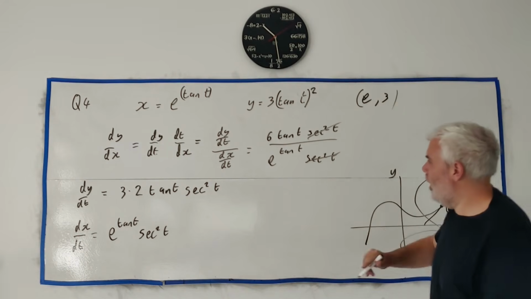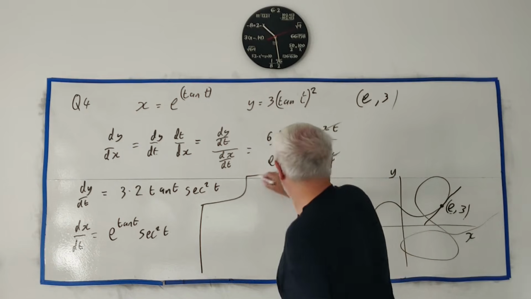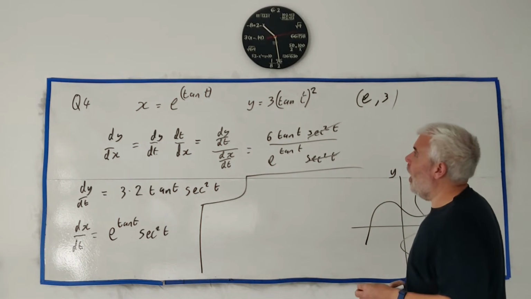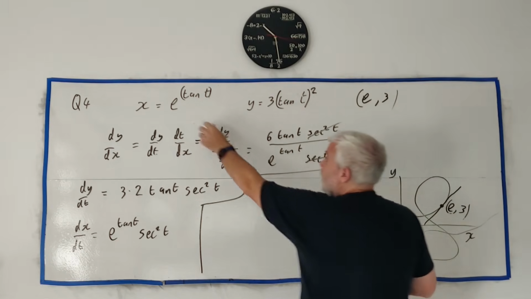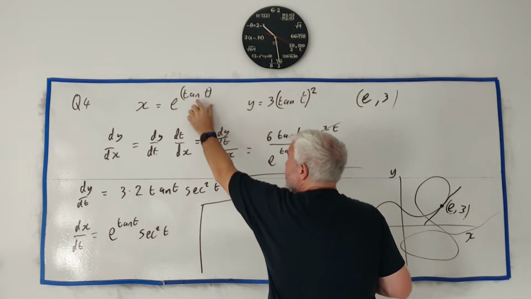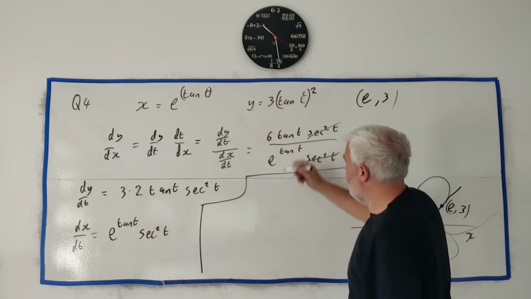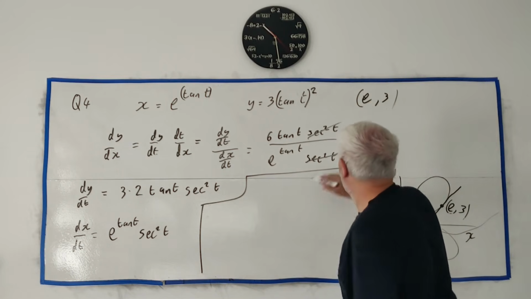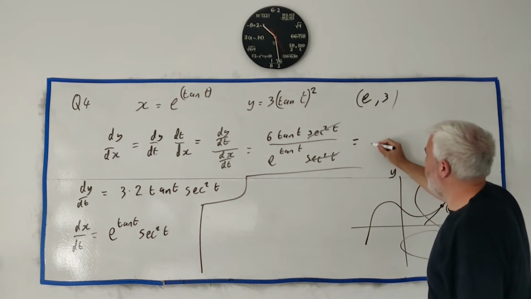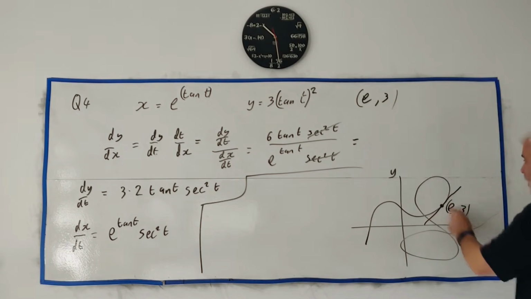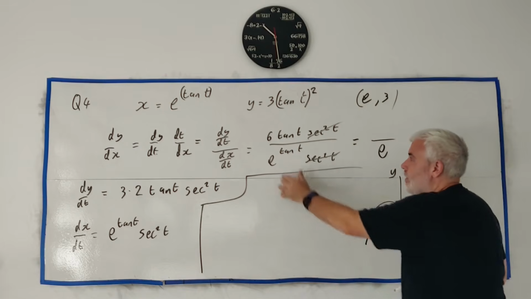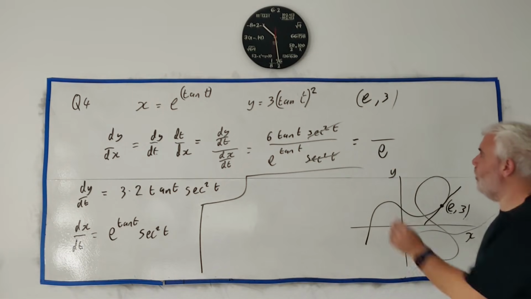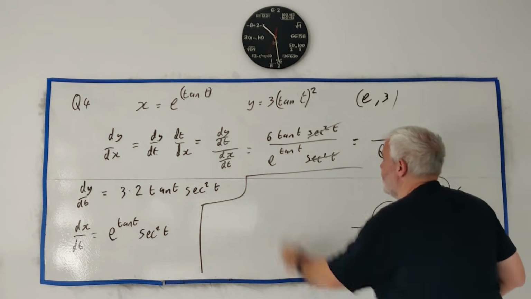That's one way. What I'm going to do is, let me block off an area here. I am going to point out that we want e to the tan t. Well, I know what e to the tan t is. It's equal to x. So I'm going to rewrite this as, well, let me just write over here. The bottom row is just going to turn into x. And x is just e. So that bottom row is equal to e. The top row is somewhat similar to this.